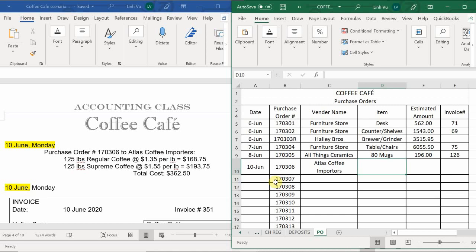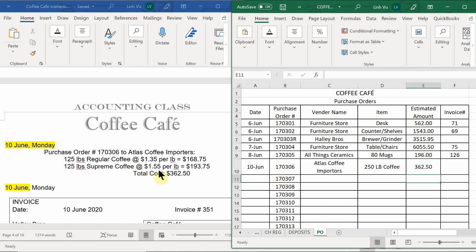What did we buy? We bought two kinds of coffee, the regular and the supreme. Okay, for how much? For 168 and 193. Total cost is $362.50. Yep. Good. All right.